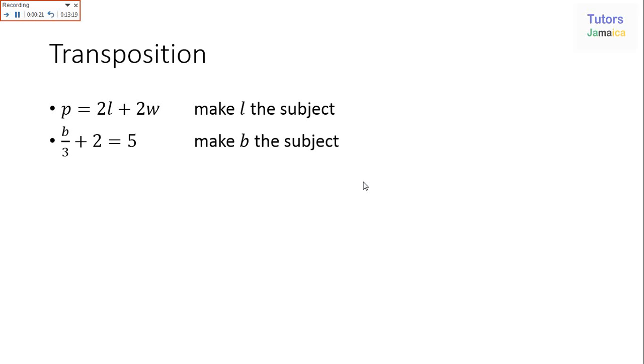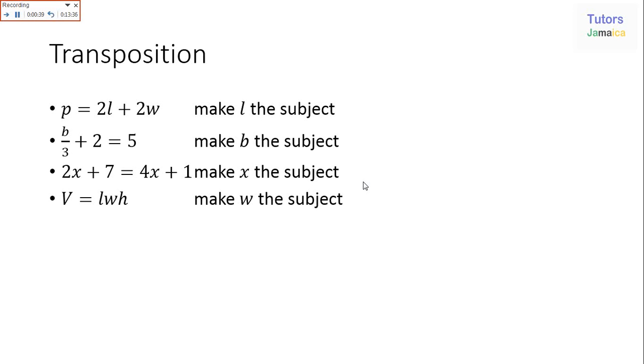B over 3 plus 2 is equal to 5, and we're going to make B the subject of the formula. 2x plus 7 is equal to 4x plus 1, and we're going to make x the subject of the formula. V equals LWH, and we're going to make W the subject of the formula. X equals 2y minus 7, and we're going to make y the subject of the formula.